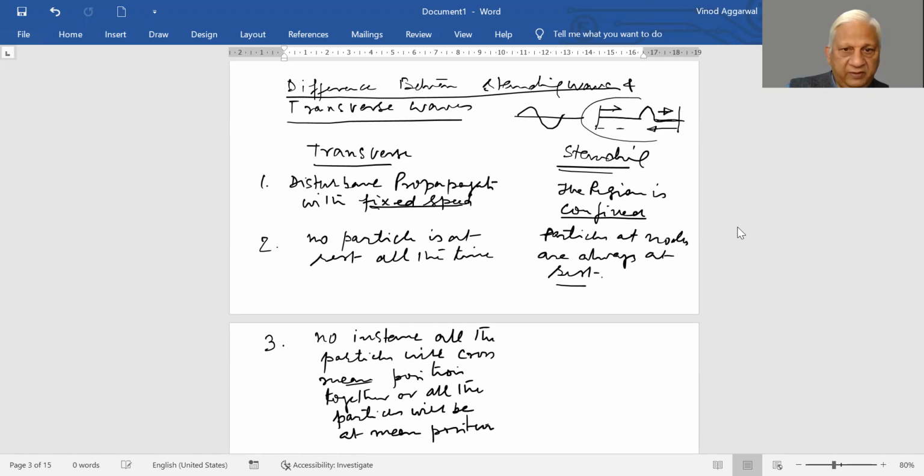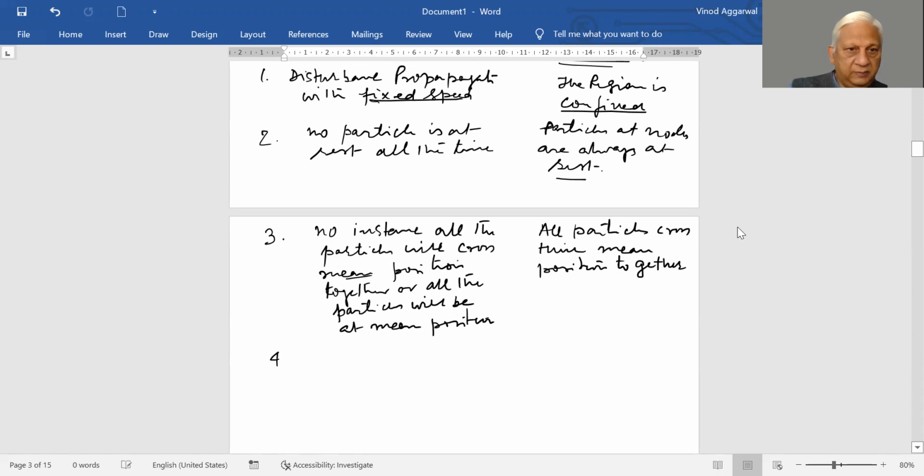Whereas in case of standing waves, all particles cross their mean position together. Okay.